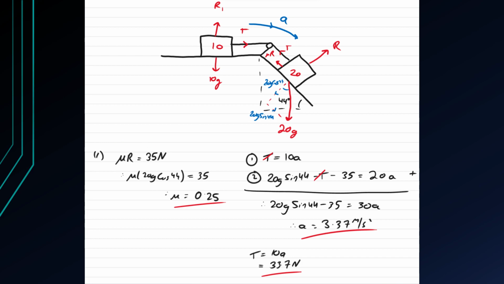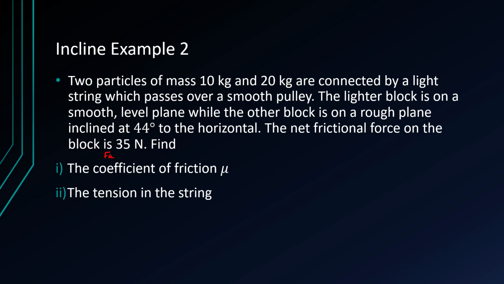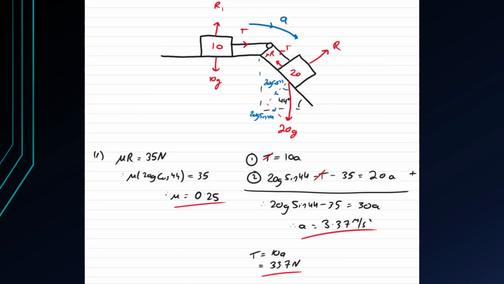So firstly, we're told to find the coefficient of friction. Now, the coefficient of friction, mu, so mu times R is the net frictional force, which we've been told is 35 newtons. So mu R is 35 newtons, but R is also 20g cosine 44.